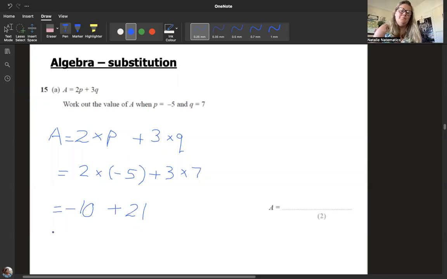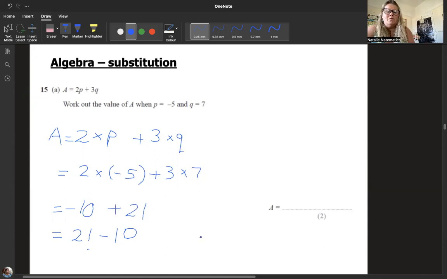And there we go. Now your calculator does the job. Please remember that. I'm just doing this in case there's anyone watching this who hasn't had their non-calculator paper yet. Right, so 21 minus 10 is 11.